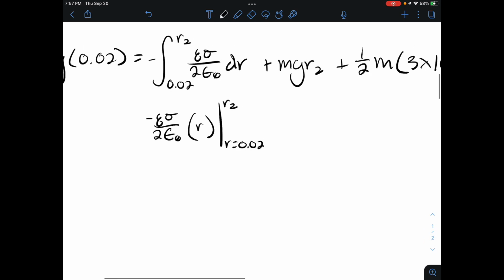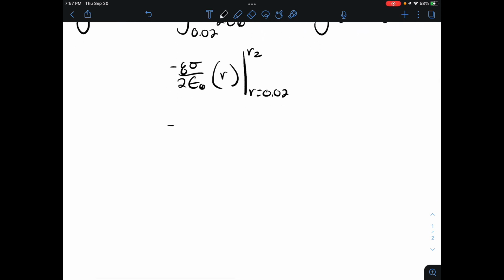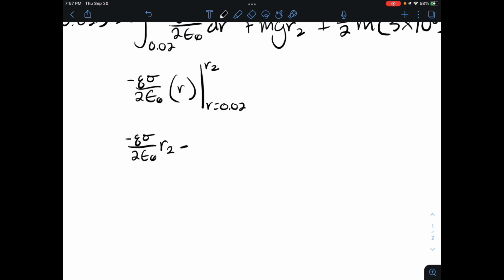All right, so now if we plug in those bounds just real quick, it's going to be negative q sigma over 2 epsilon naught times R2 minus, but this negative here is going to be distributing in, because it would usually be R2 minus 0.02, but since it's negative, it's going to be plus q sigma over 2 epsilon naught times 0.02.